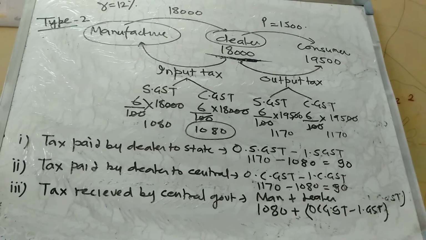Output CGST is 1170, input CGST is 1080. So the total tax received by the central government would be 1170.